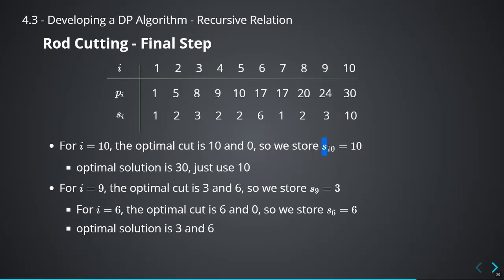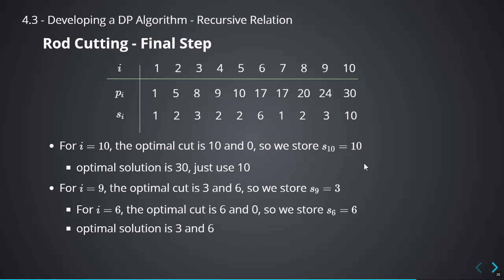So I'm going to store S10 equal to 10, and the optimal solution is just 30. For i equal to 9, the optimal cut is 3 and 6. So we store S9 equal to 3. What it means is that when I have a rod of length 9, I cut it into 2 pieces, length 3 and length 6, and I keep track of 3.